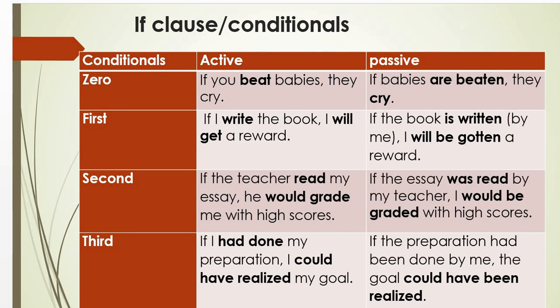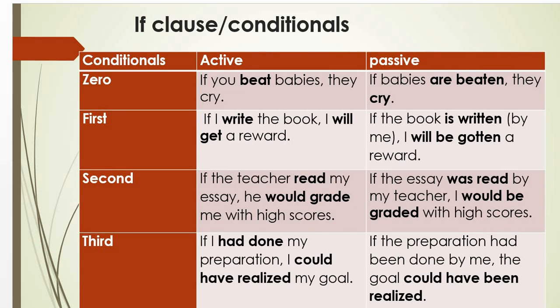The main clause is similar to the active because cry is an intransitive verb, so we take it as it is. The first conditional: if I write the book, still present, if the book is written by me, or you can omit the by me part. The main clause: I will get a reward. I will be gotten a reward.